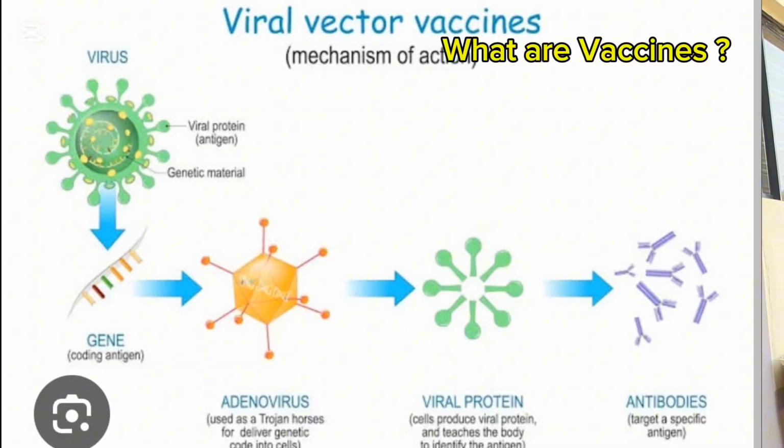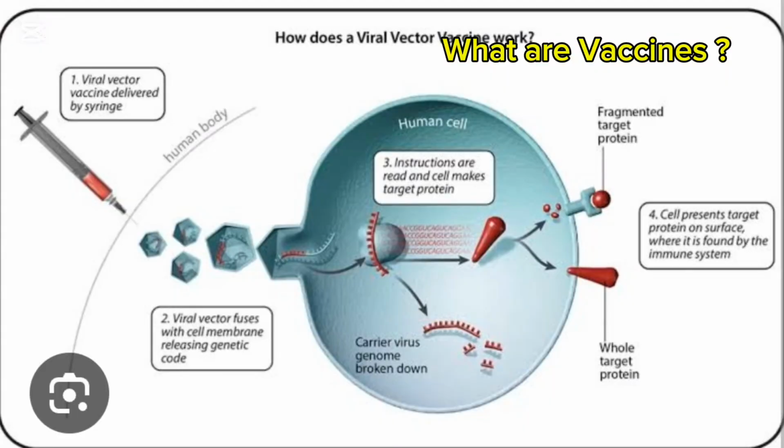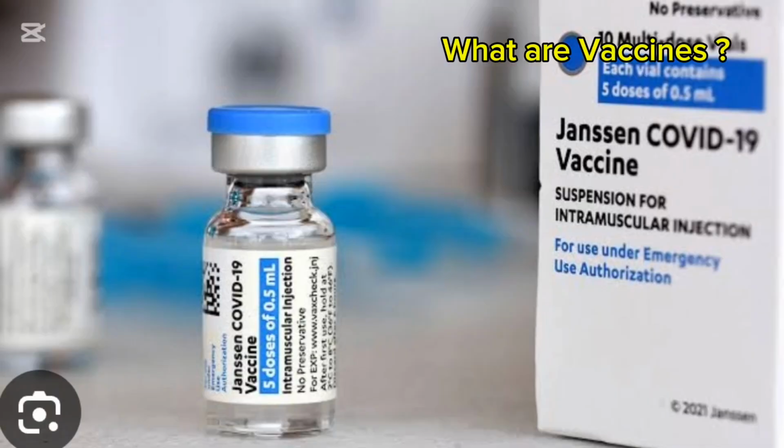So if we make use of such viruses to introduce genetic material into a host cell in order to elicit or generate an immune response, that kind of vaccine is called a viral vector vaccine. An example is the Ebola vaccine, the vaccine that is used against Ebola virus. Another example is the COVID vaccine produced by Johnson and Johnson, which is a viral vector vaccine.